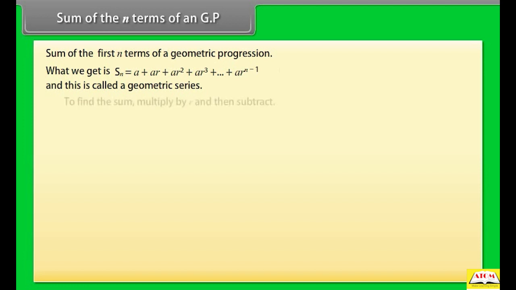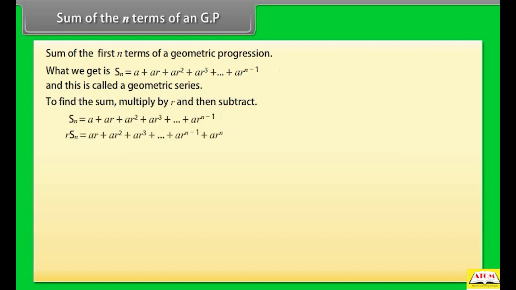Now the trick here to find the sum is to multiply by r and then subtract. We get Sn minus r Sn is equal to a minus ar raised to the power n.